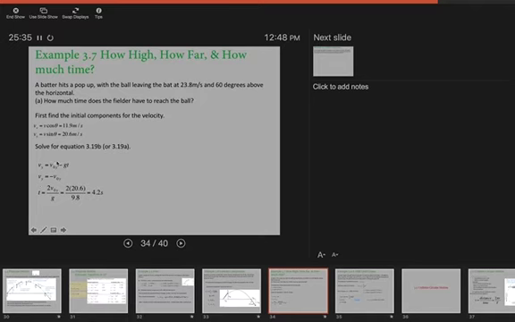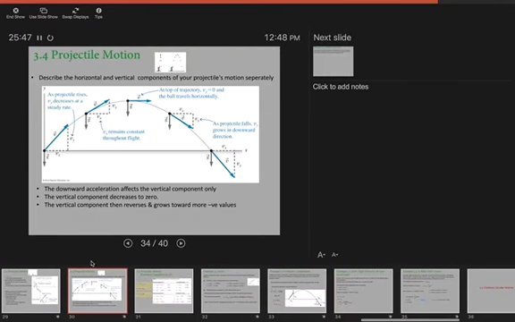Now what does he want? He wants the time. What did he ask me? How much time does the fielder have to reach the ball? In an indirect way he's telling me how long it takes for the ball to go up and land here. So he's asking what is the time at this point.